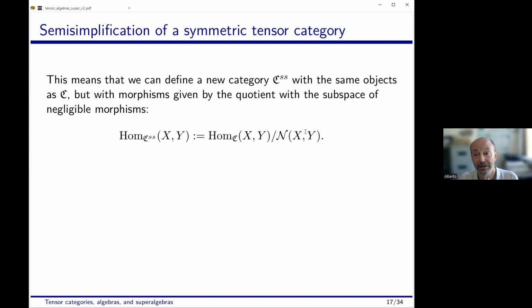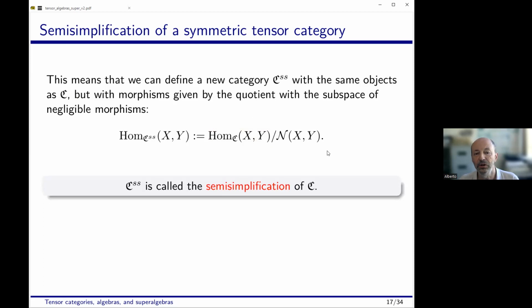But the vector space of morphisms consists of the quotient of the vector space of morphisms in the original category, the symmetric tensor category C, modulo the negligible morphisms. So we get the same objects, but now the morphisms are morphisms in the original category modulo the class of negligible morphisms.